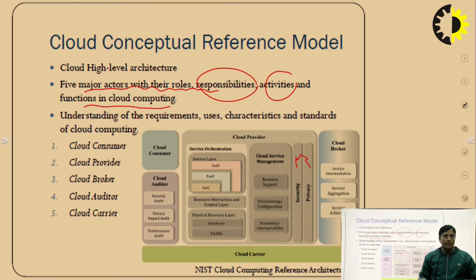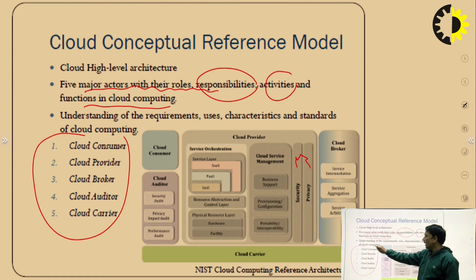So understanding the requirements, uses, characteristics and standards of cloud computing, there are 5 major actors, and each and every activity, role, responsibility and functionality of this architecture is shown in terms of these 5 major actors. Actor is nothing but who directly participates with the cloud.